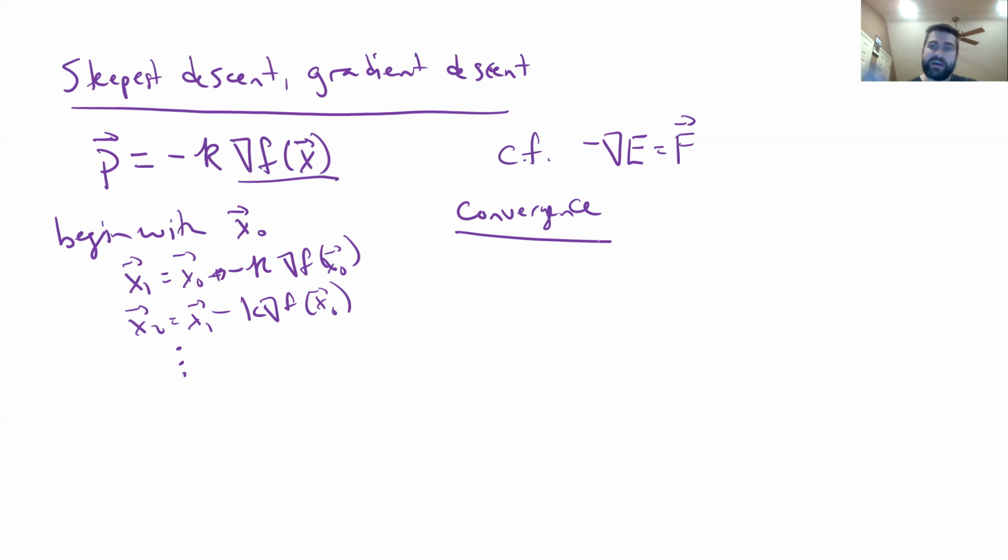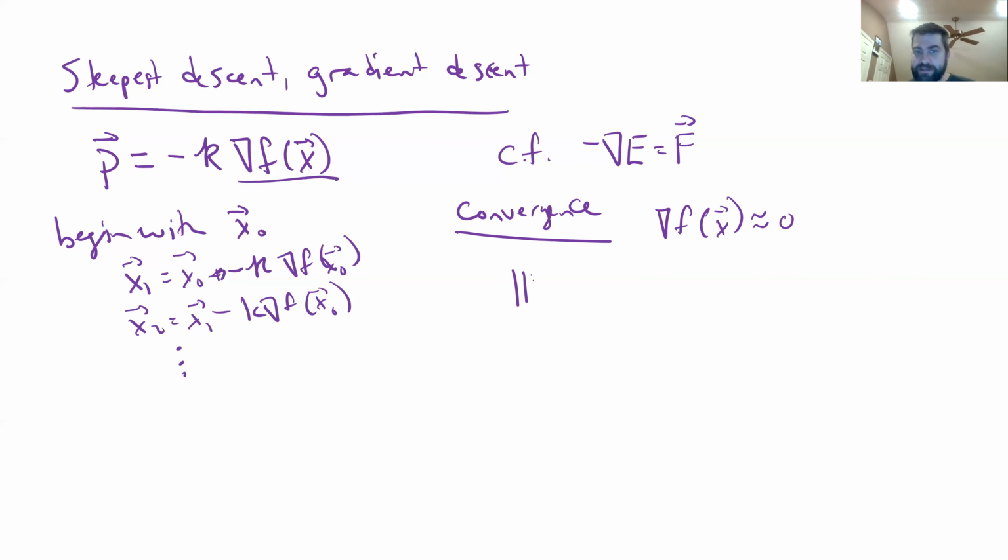When do we believe we've done enough to stop? Right? And so instead of looking for the gradient equals 0, we want to stop when the gradient is approximately equal to 0. Right? And we can define this in a number of different ways.